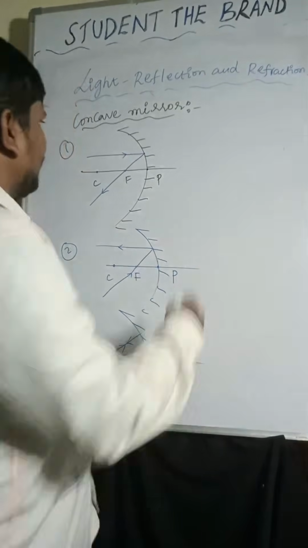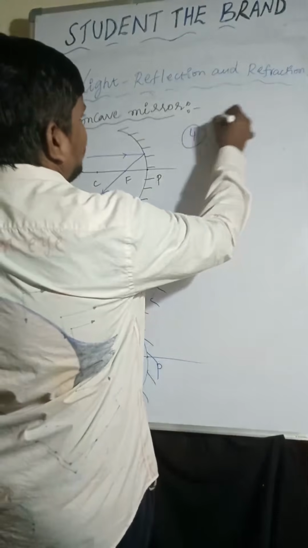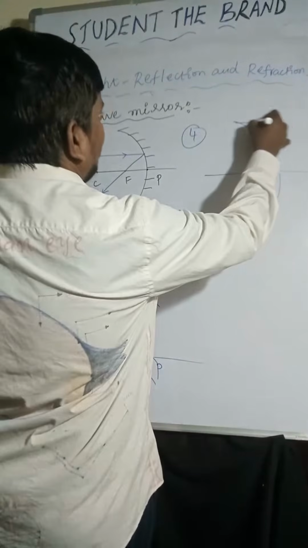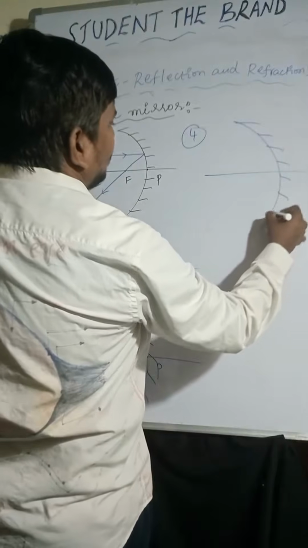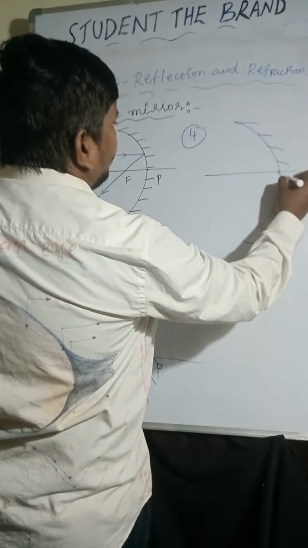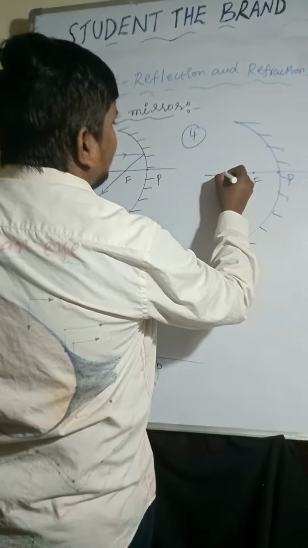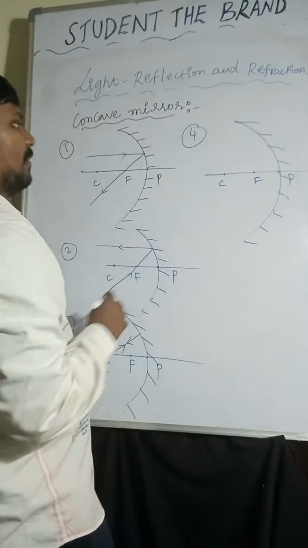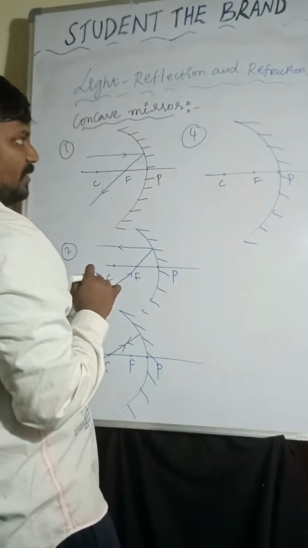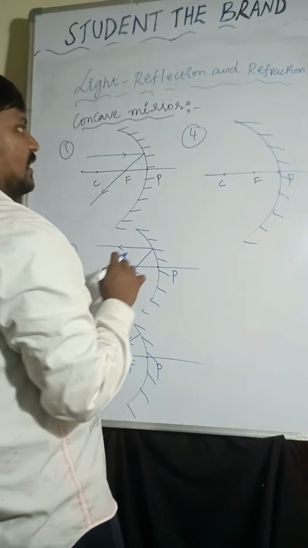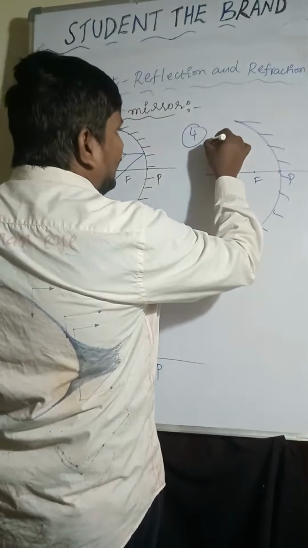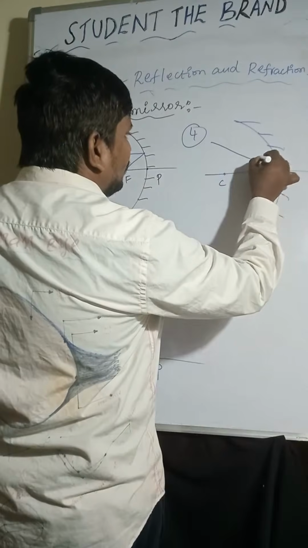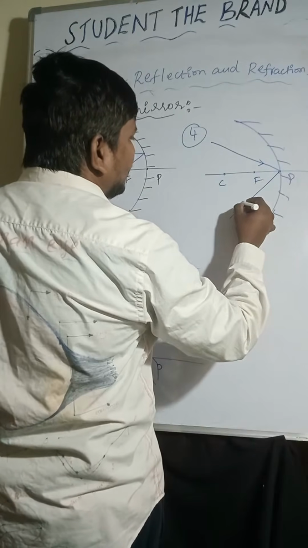Okay, so coming to the fourth one. Here I am taking it like this: pole, focus, and center of curvature. Now, the light ray is incident at the pole. It reflects back into the same medium.